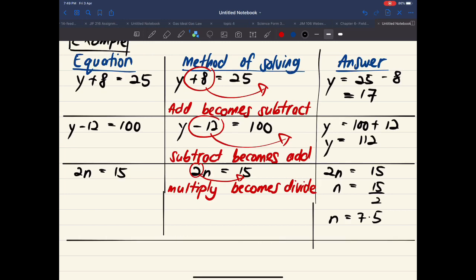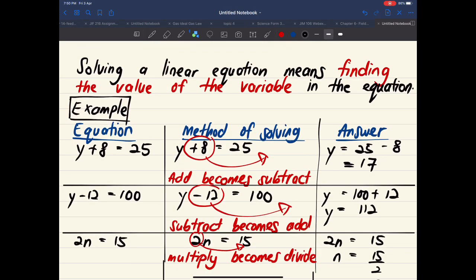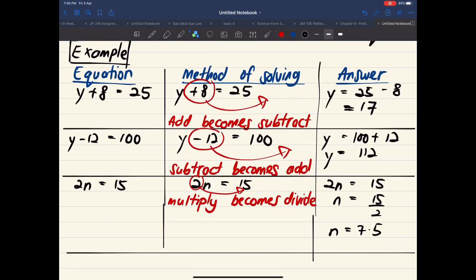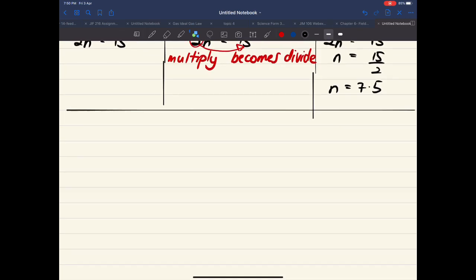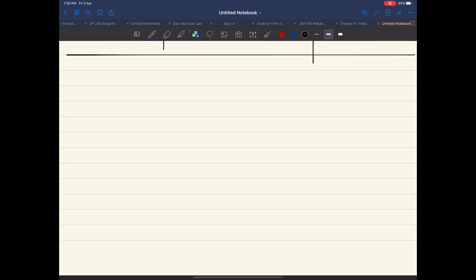Okay, these are the 3 examples about solving a linear equation, which means finding the value of the variable in the equation. Okay, so next, how do you do this question? I'll give you an example of a question.